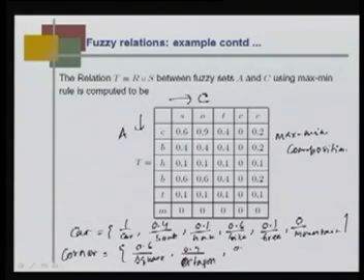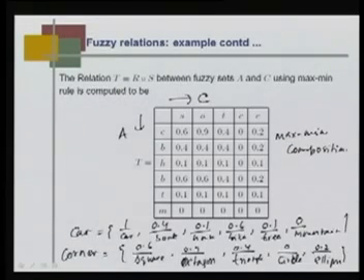Triangle has 3 corners, so 0.4. Circle has no corner, so 0. And finally ellipse may look like it has some corners, so 0.2.